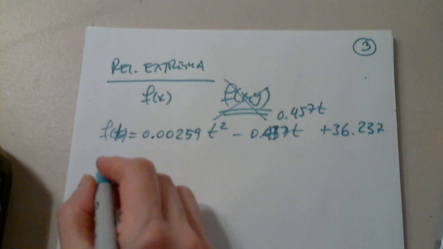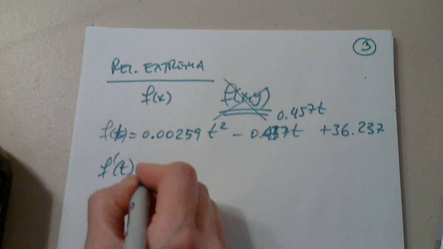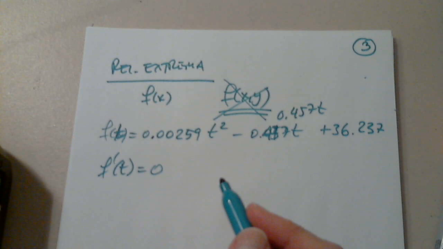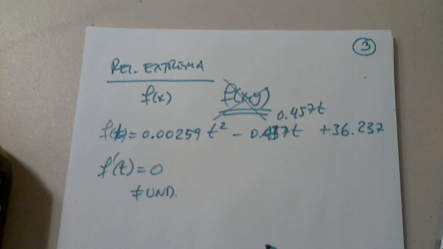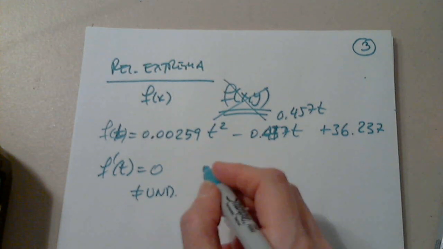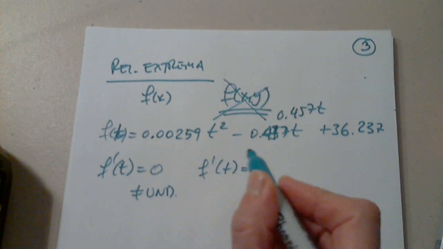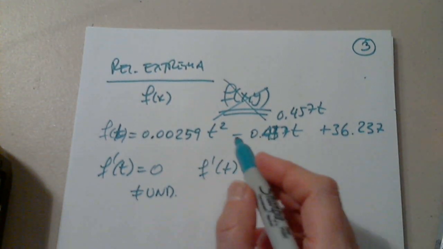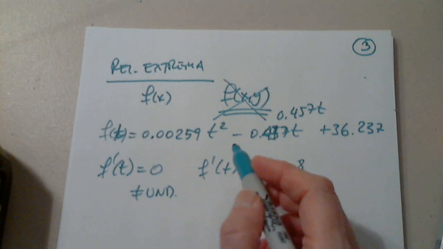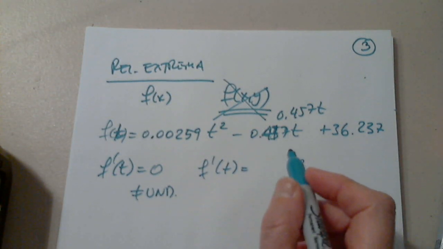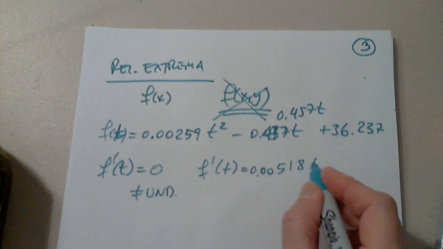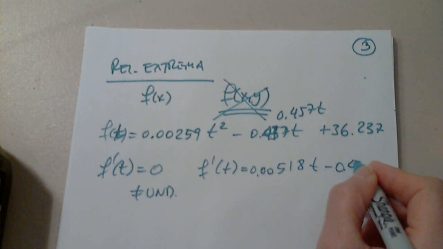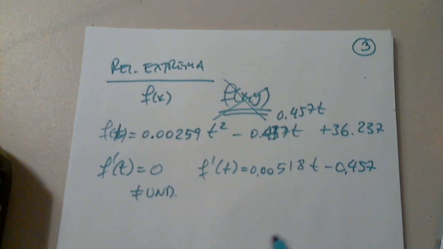Yes. Okay, so all we have to do is find f prime of t and set it equal to 0, because it can never be undefined for a polynomial function. So f prime of t, when I multiply this by 2, I get 0.00518 t minus 0.457.